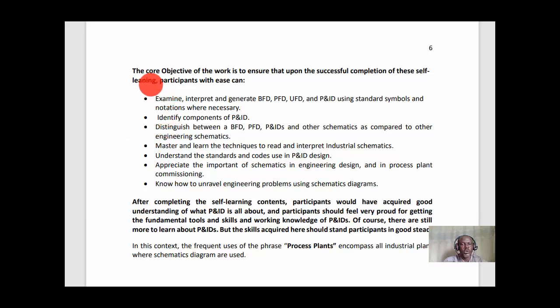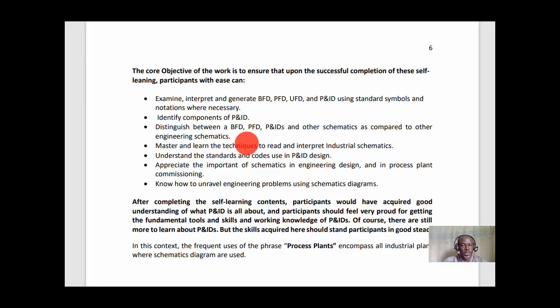Nevertheless, the core objective of this work is to ensure that upon the successful completion of this self-learning, participants with ease can examine, interpret, and generate BFD, PFD, UFD, and P&ID using standard symbols and notation where necessary. Identify components of P&ID.